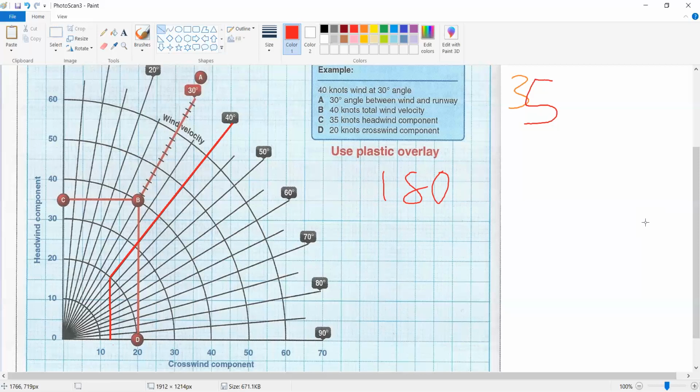So I have 180. And looking at the discussion, if the wind is from the south at 20 knots, runway, such as 14, right? And I got 14, and 14 would be 140.